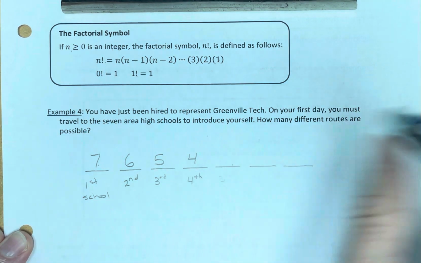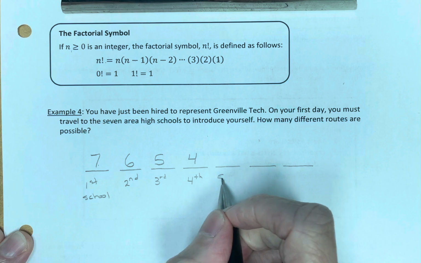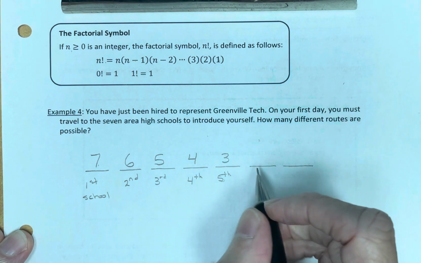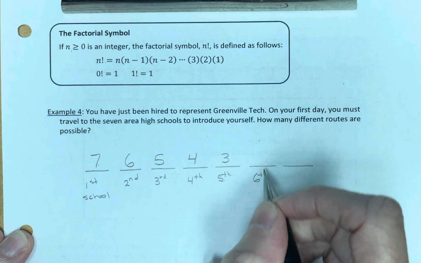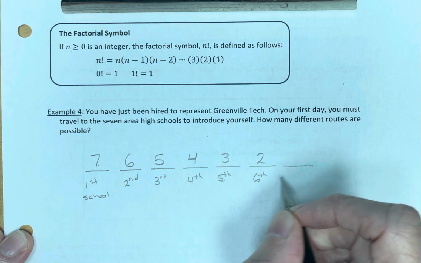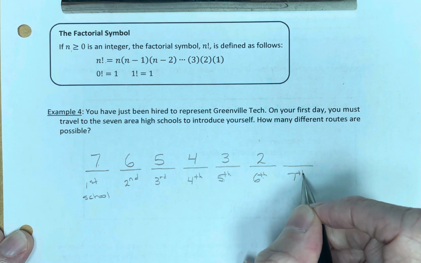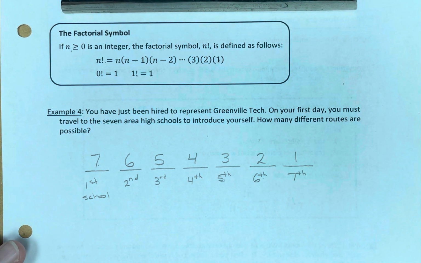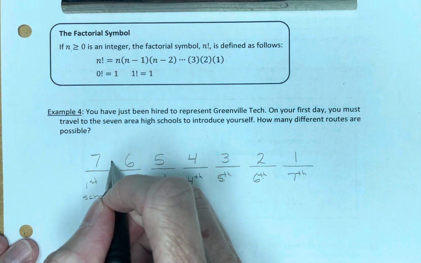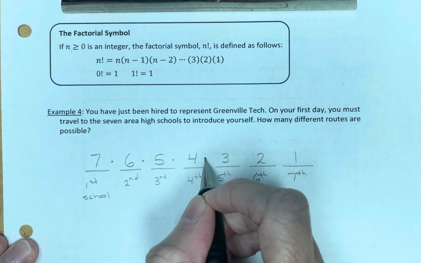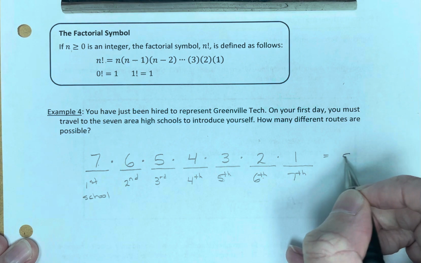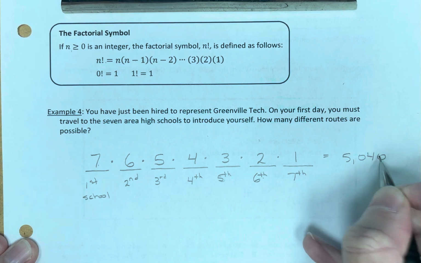I meant to write 5th and I wrote 3rd. The 5th school, you're now down to 3 different ways you can get to it. The 6th school, you're now down to 2. And then, of course, going from 6th to 7th, there's only 1 possibility. There's your 1. And so the fundamental counting principle would say this times this times this times this times this times this equals, and the answer is 5,040.